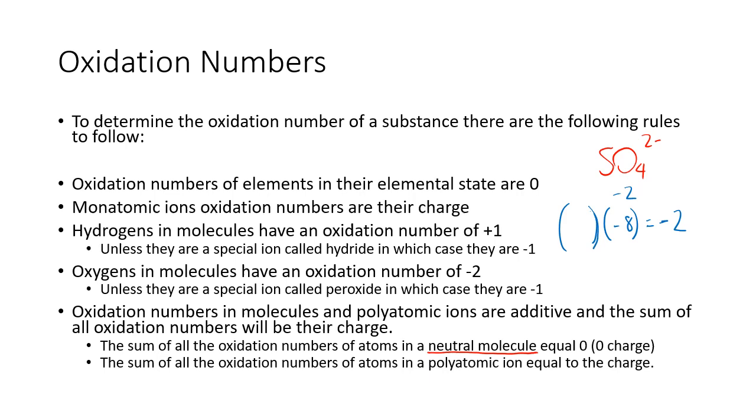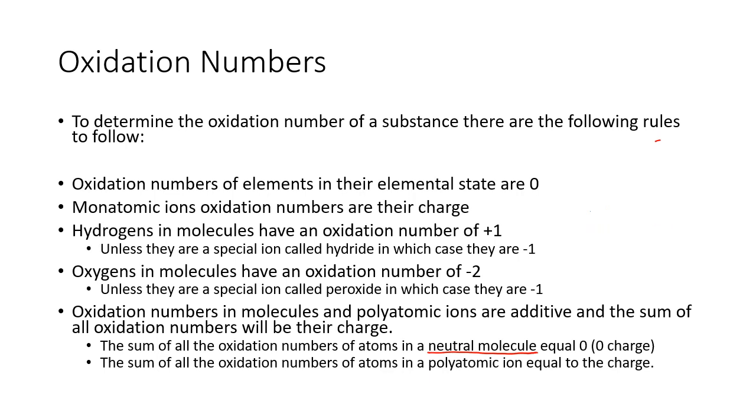So this sulfur must be +6. I should really put a plus sign here because they're additive: +6 plus -8 makes -2. When you're asked what is the oxidation number of an element, you need to find the oxidation number of one element. So one of the oxygens is -2.